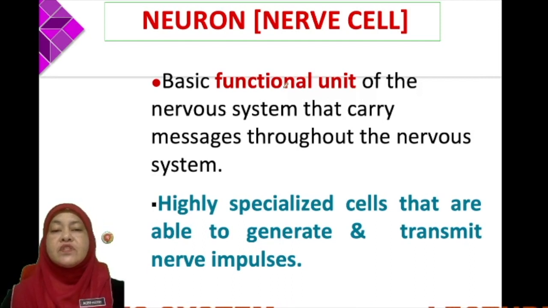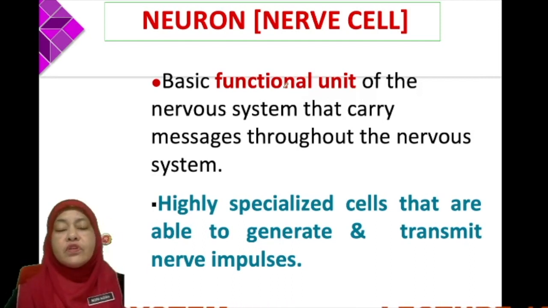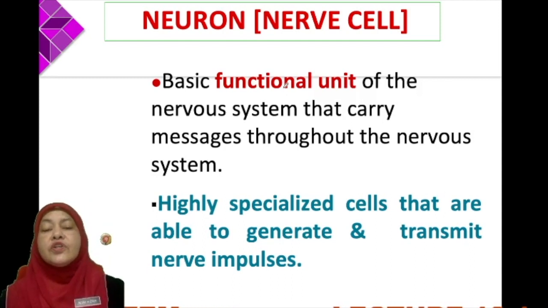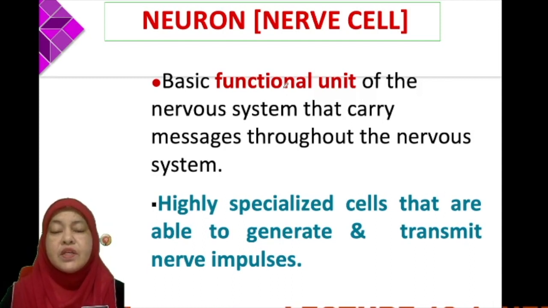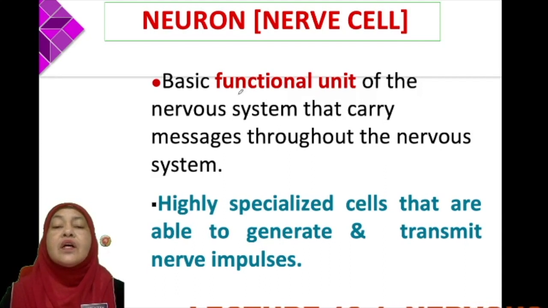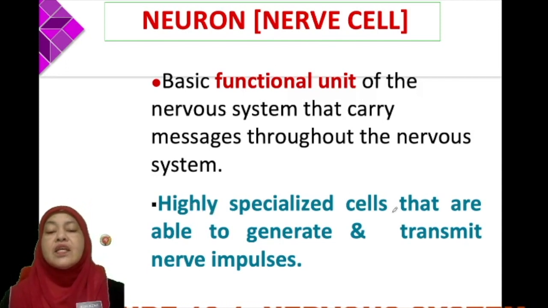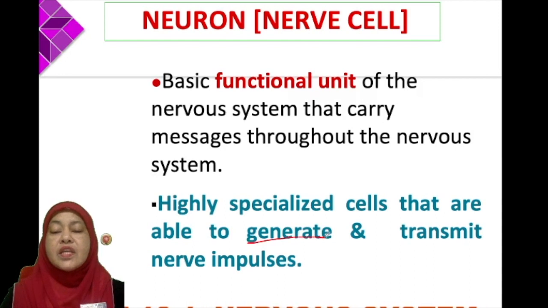Our nerve cell, the neuron, is the basic functional unit of the nervous system that carries messages throughout the nervous system. This nerve cell is a highly specialized cell that is able to generate and transmit nerve impulses.